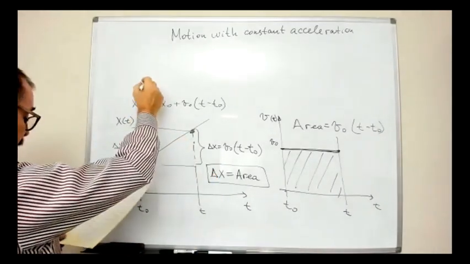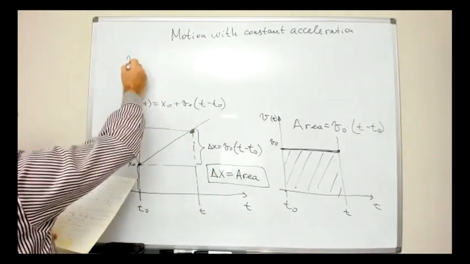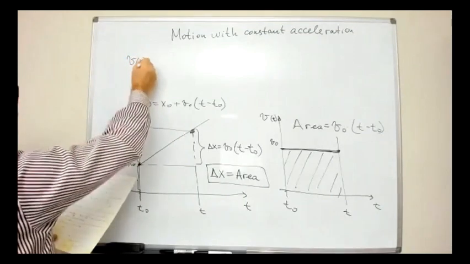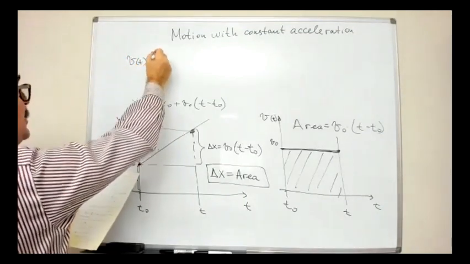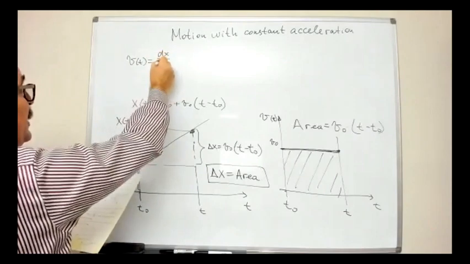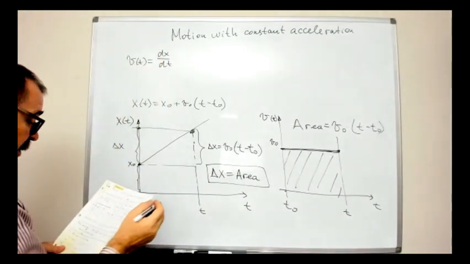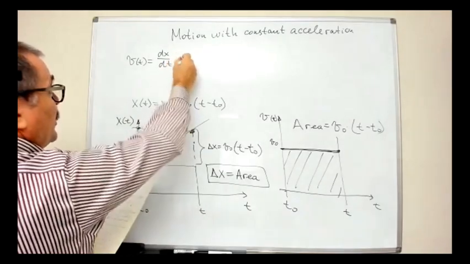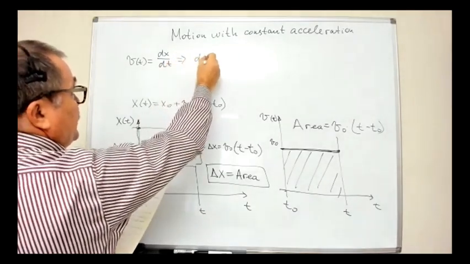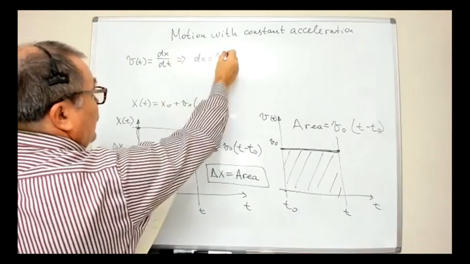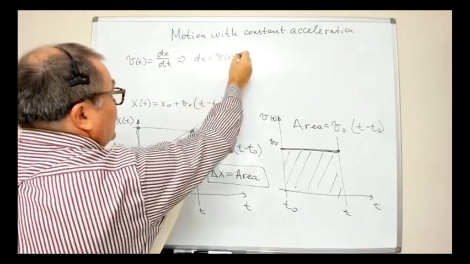To understand that, we can write that velocity as a function of time is dx over dt, right? This is the definition of instantaneous velocity. And from this formula, we can say that a small displacement dx is v times dt.